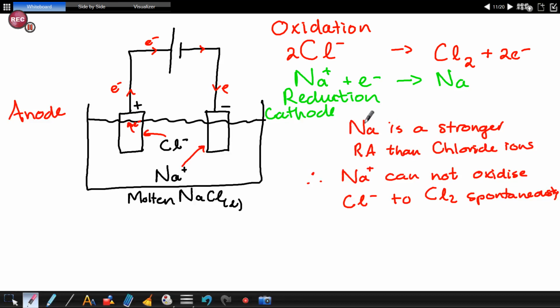I could say that the sodium ion is a weaker oxidizing agent than chlorine, and therefore the sodium ions cannot oxidize chloride to chlorine spontaneously. It's a non-spontaneous reaction.